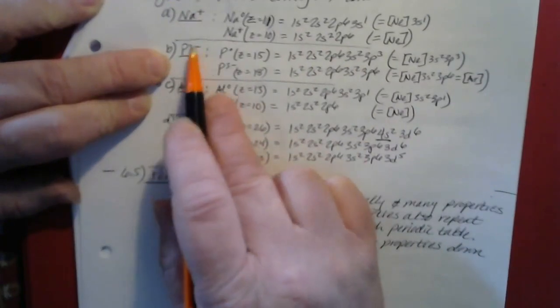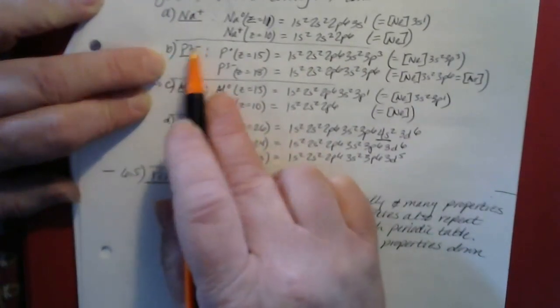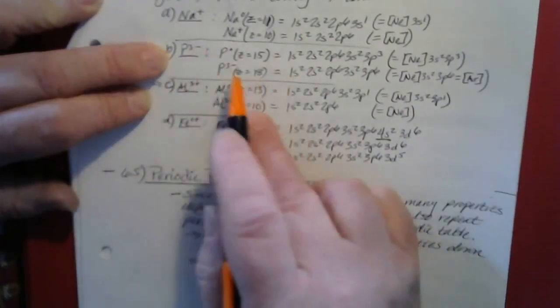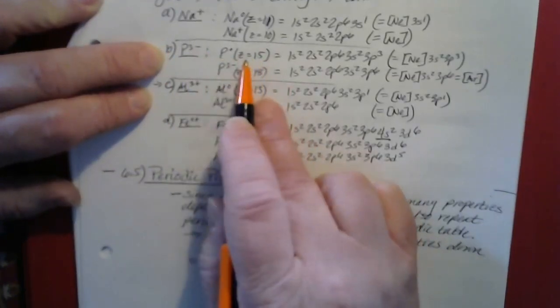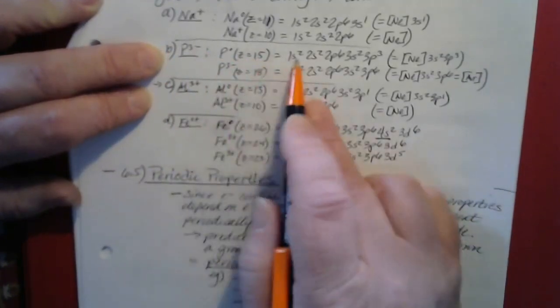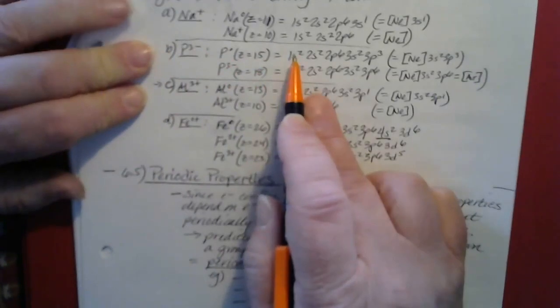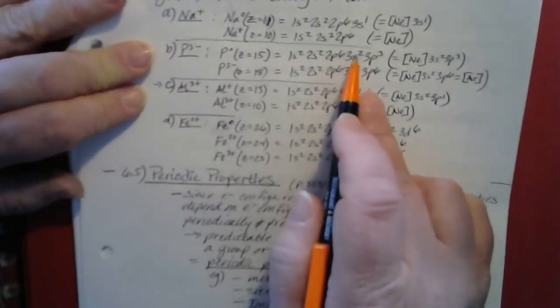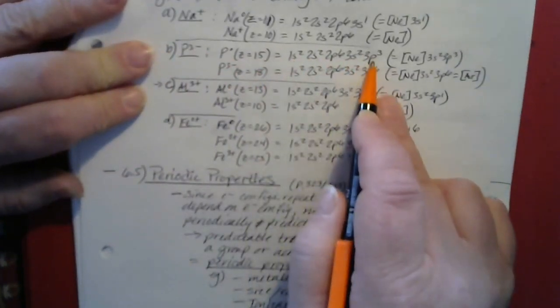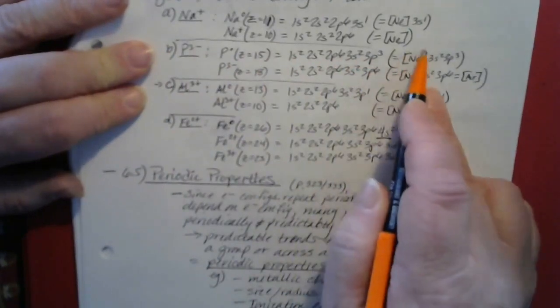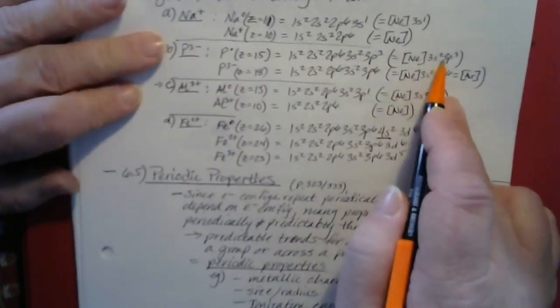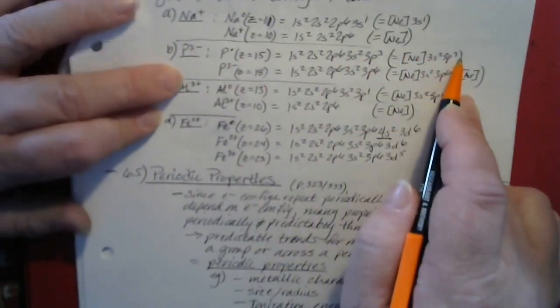Now, phosphorus with a -3 charge, or the phosphide ion. Phosphorus, the element, has an atomic number of 15, which gives you a configuration of 1s2, 2s2, 2p6, 3s2, 3p3, or in other words, the configuration of neon plus 3s2, 3p3.